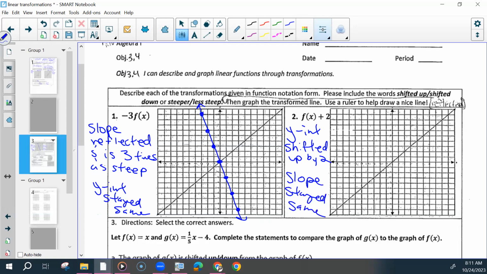So what would our new y-intercept be? Positive 2 on the y-axis. The slope is the same, so it's 1. So go up 1, right 1 as many times as possible. And down 1, left 1 as many times.